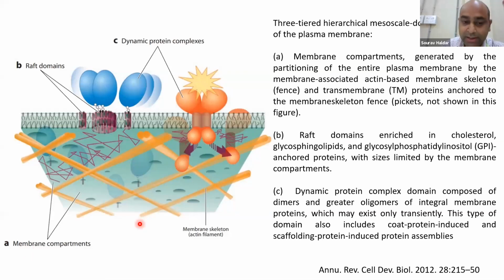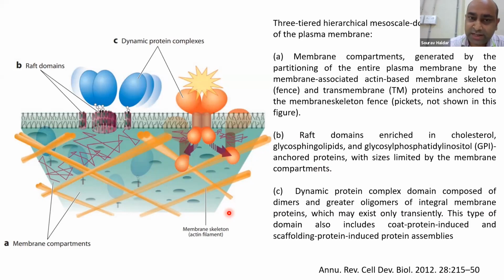All right. In subsequent classes I will talk about the contemporary model of the plasma membrane, but just to give you a glimpse of the changes that are going to be introduced to the fluid mosaic model are given here. This is also slightly dated because it was published in 2012 by another pioneer in the field, Akihiro Kusumi, and he, along with others, discovered some features of biological membranes which were not captured by the fluid mosaic model.